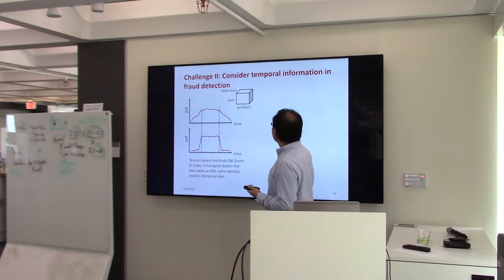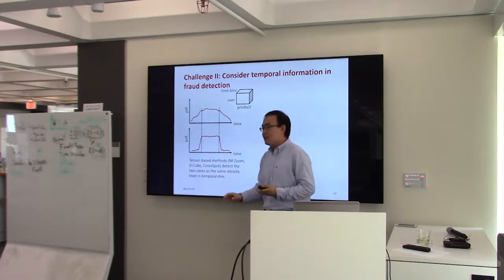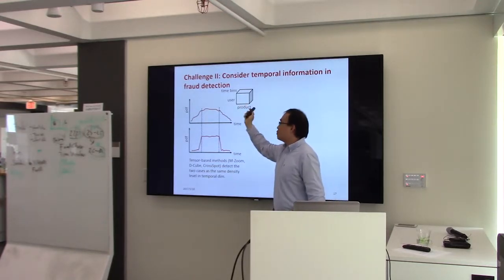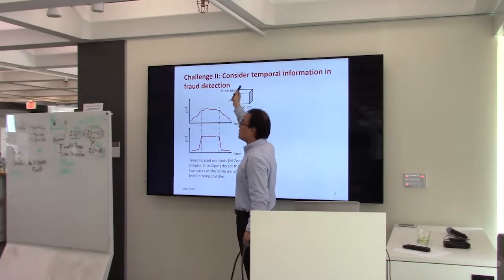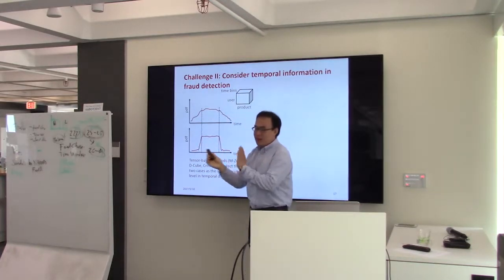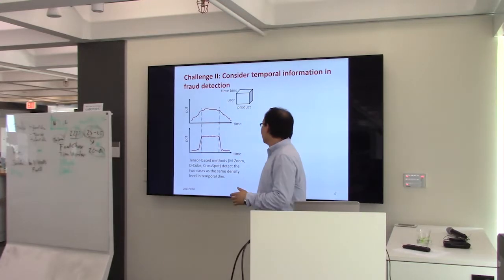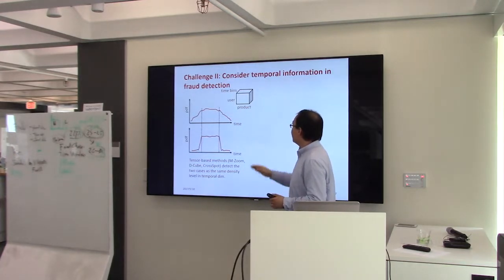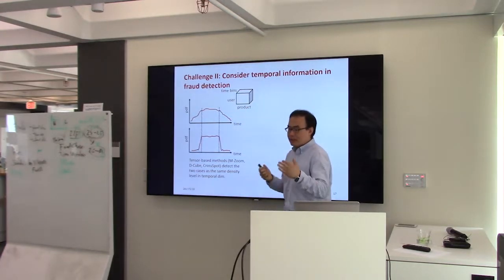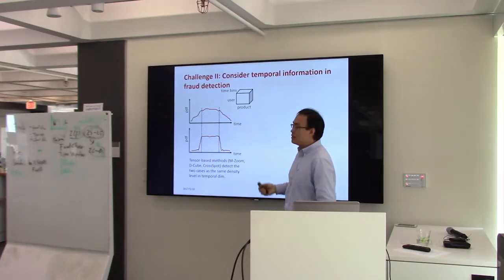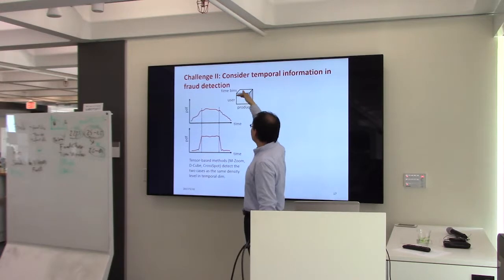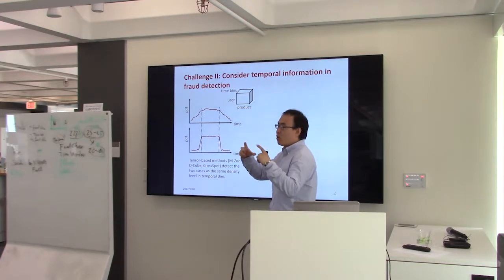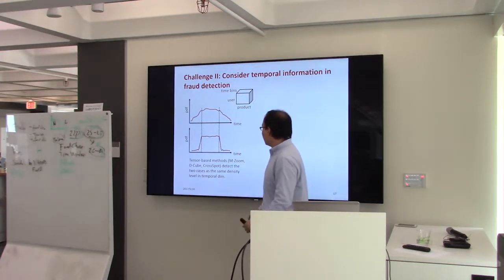If we consider temporal information, the most intuitive way is to use a tensor. We put the users and products along two dimensions, and the time and the number of scores along the other dimensions of the tensor. Here I just show a three-dimensional tensor. But the problem is that the block detection algorithm we proposed previously only deletes rows and columns in each of the three dimensions to get the high-density core.